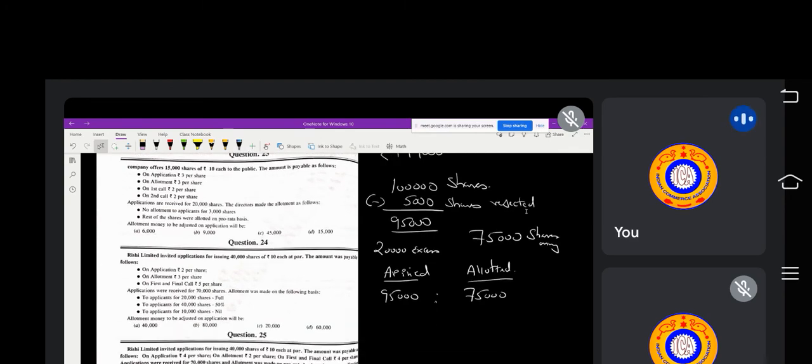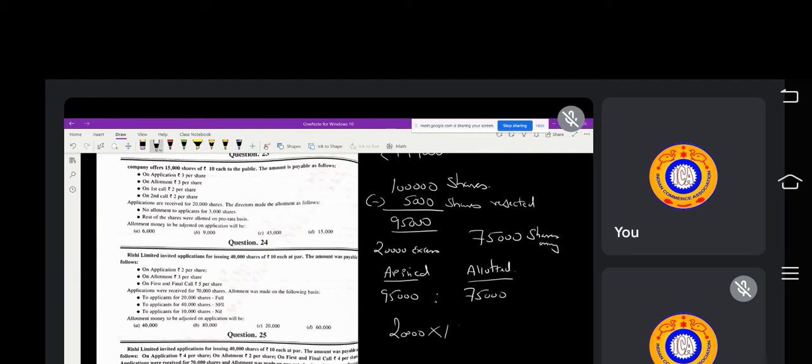But this is a lump sum method, whereby the 20,000 shares which have been applied in excess can't be adjusted elsewhere. So what is the amount that we collected on these 20,000 shares? 20,000 shares into an amount of rupees 12. How much is the value?